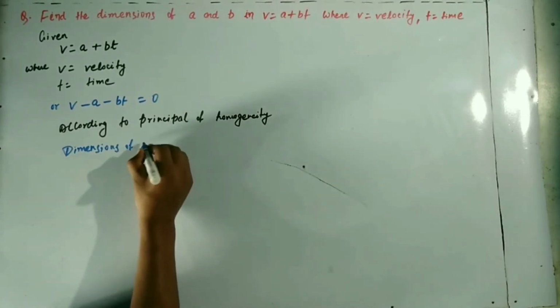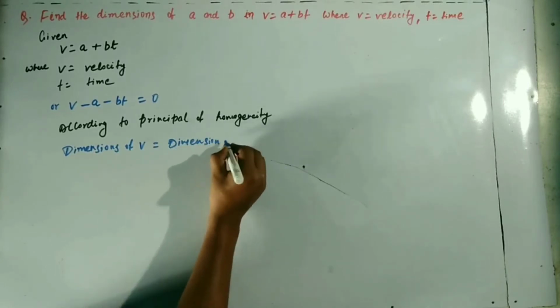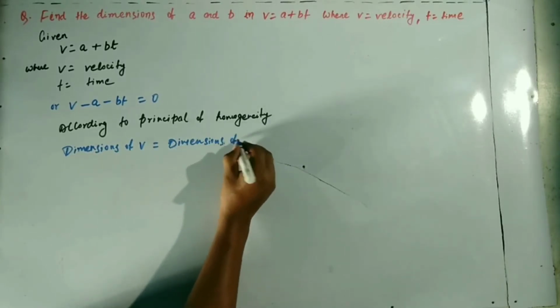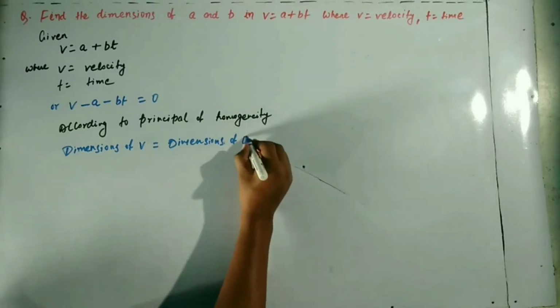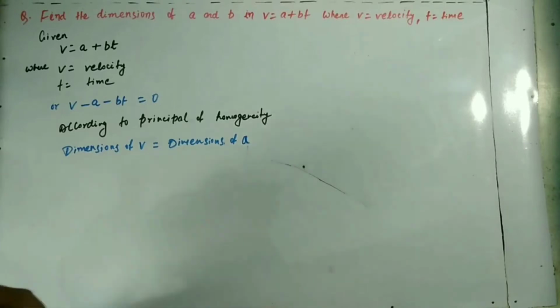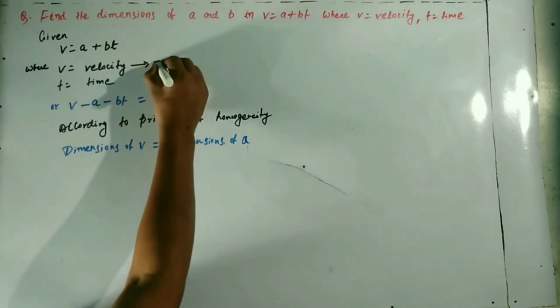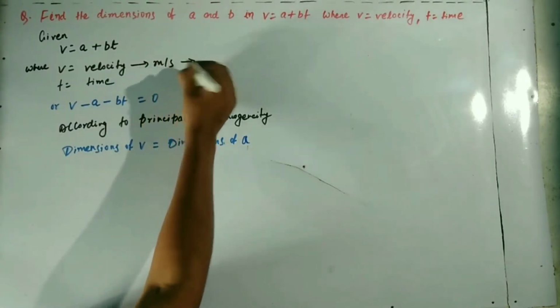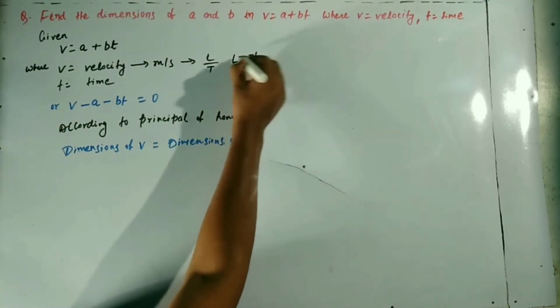So according to the principle of homogeneity, dimensions of V equals dimensions of A. This principle says that terms can be equated if their dimensions are the same. So dimensions of V equals dimensions of A.